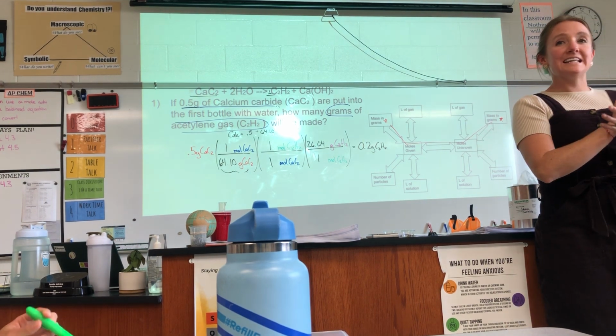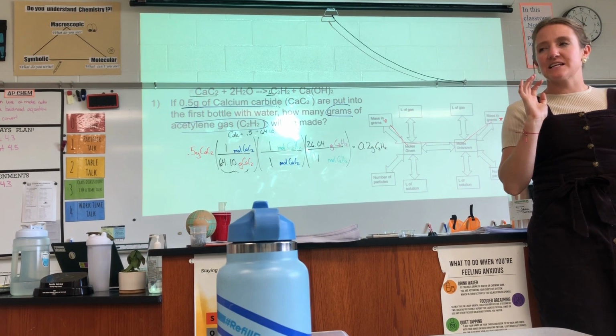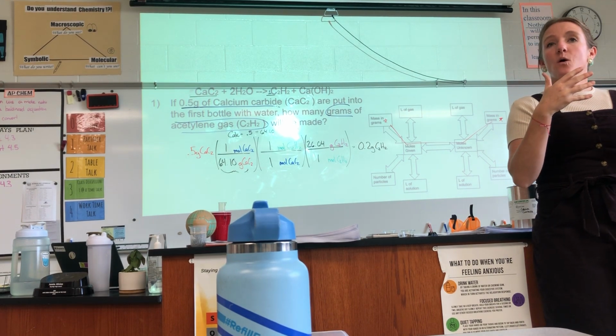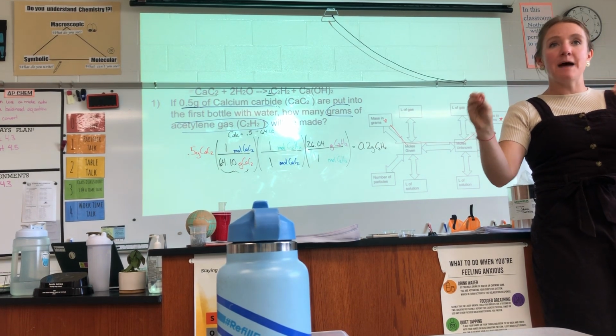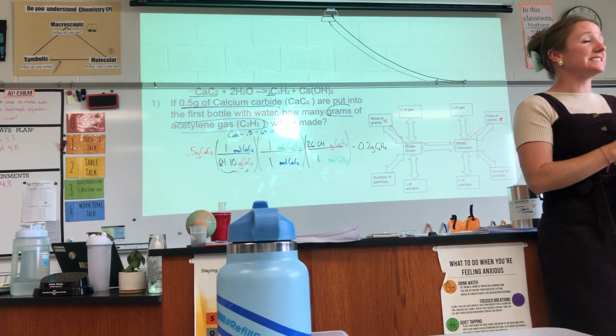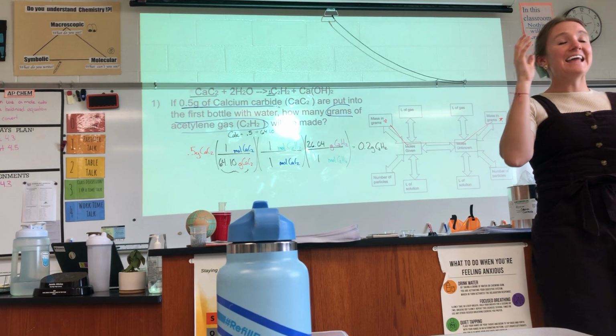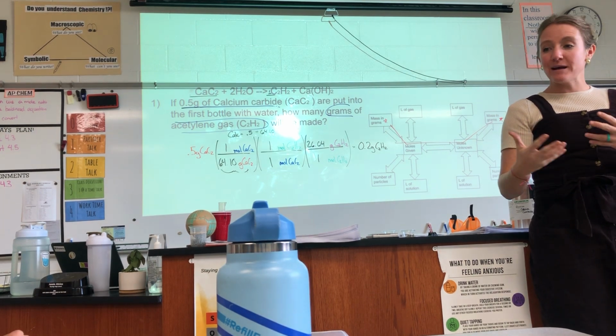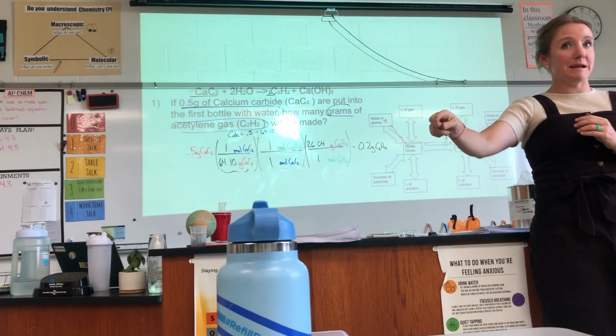Now, once again, and we'll get more into this next time, there's a difference between what math says should happen and what actually happens. So we have something known as the theoretical and the actual yield. Theoretical yield is that answer on your paper.